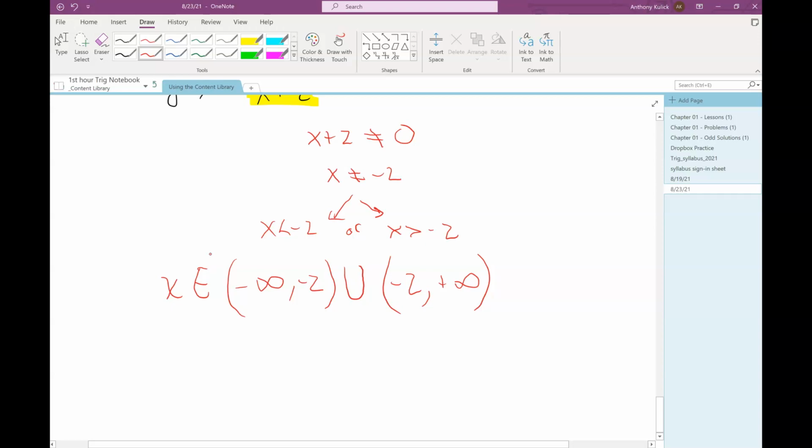So if you look at that symbolically, it's basically saying, okay, from negative infinity to negative 2, and then from negative 2 to positive infinity, which, if you read along the number line, is the order that you encounter those things, right? If you're moving from left to right across a number line.